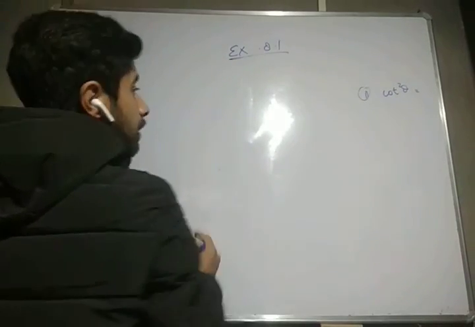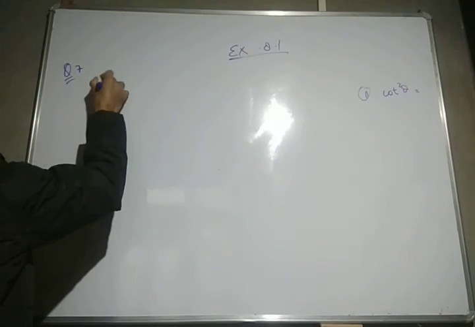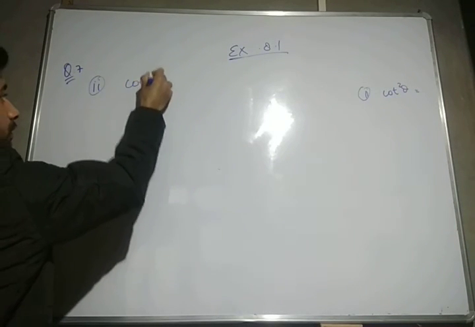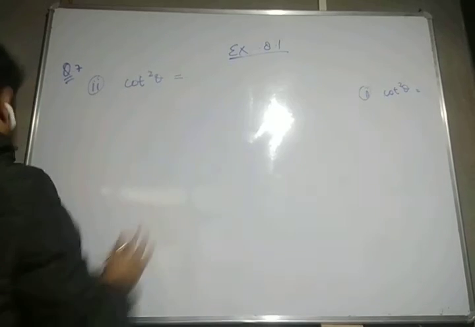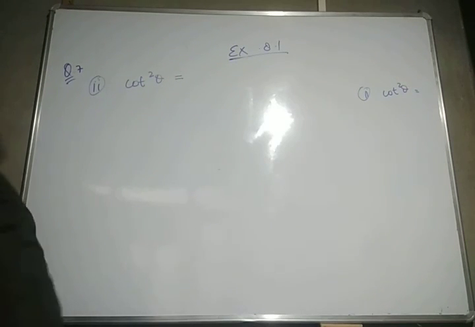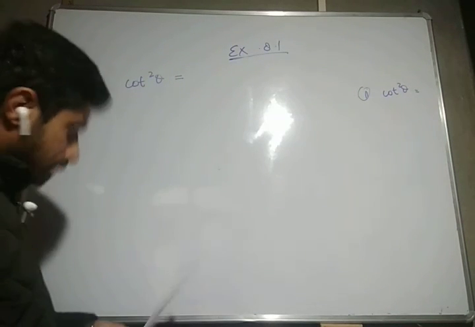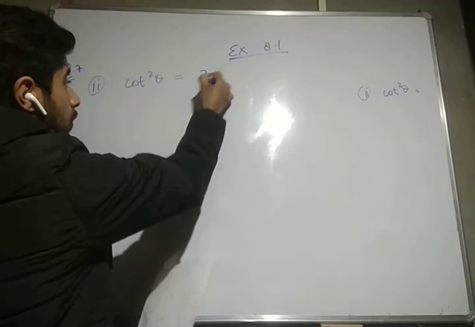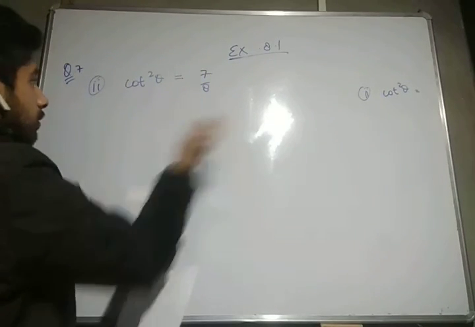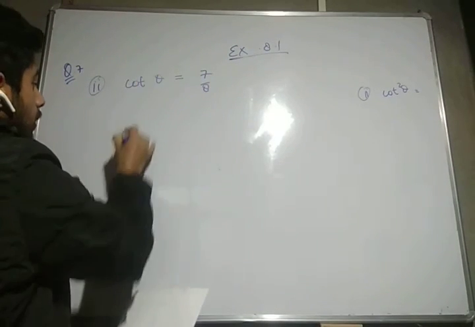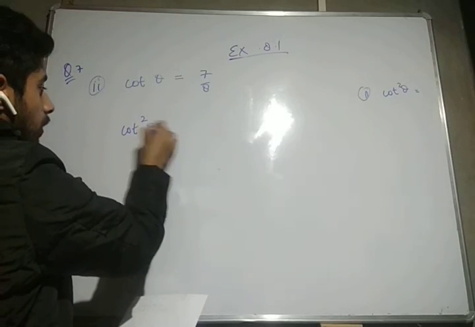Now it's the second part of this question also. It's cot square theta, and I think we are given cot. Yes, cot theta we are given as 7 by 8. So only cot. Now we have to calculate cot square of theta.